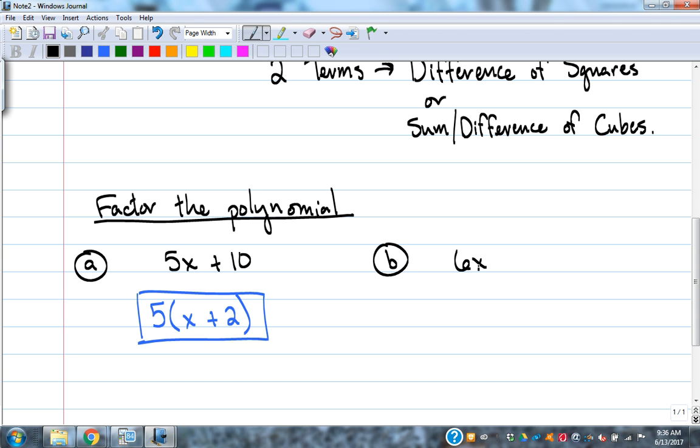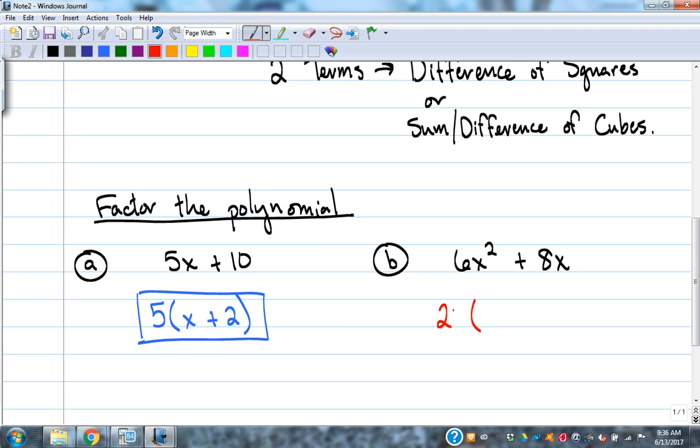Look at this one, 6x squared plus 8x. Check for descending order. So we got x squared first and then plain x. That's 2 and 1. So that is in descending order from left to right. Biggest exponent is first. Okay. The next thing we want to look for is the GCF. 2.